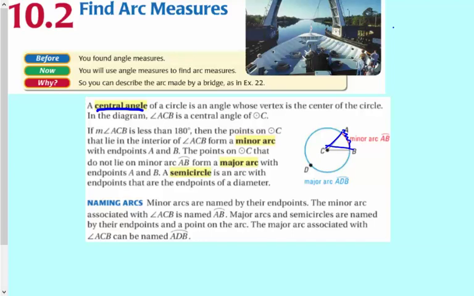So the measure of the central angle and the measure of the arc are always going to be the same. And when we're naming arcs, this is important. Minor arcs are always 2 letters.